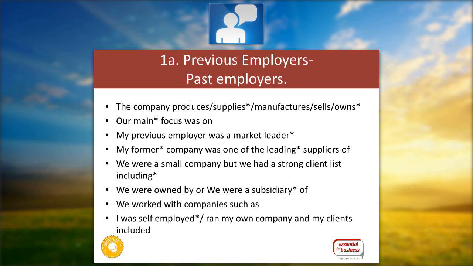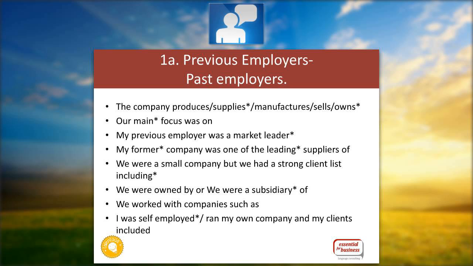Okay? Now, the first one, when talking about past employers, first of all, we need to say what the company does. So we have lots of options here. The company produces, supplies, manufactures, sells, or owns. Now, before we start, what I'd like you to start doing is, if you hear a sentence that is relevant to you, just make a note of it and apply it to yourself.